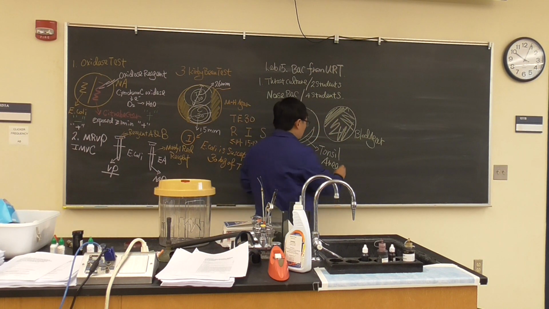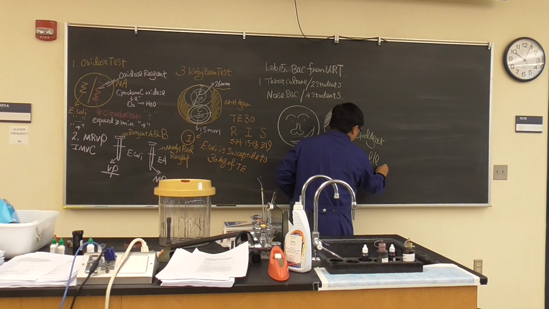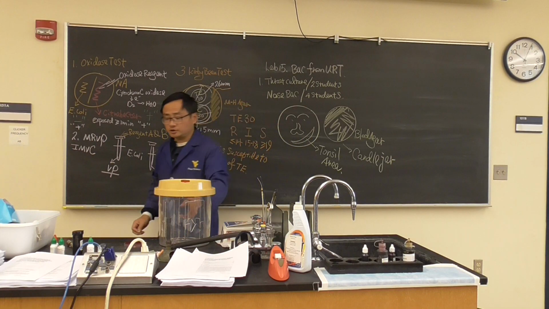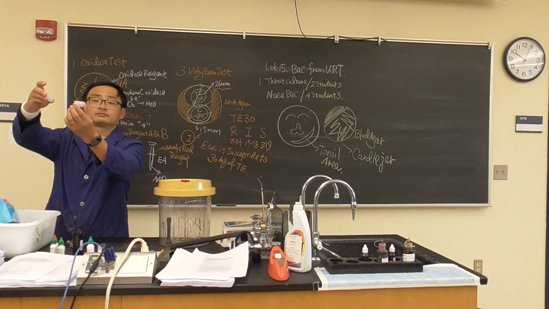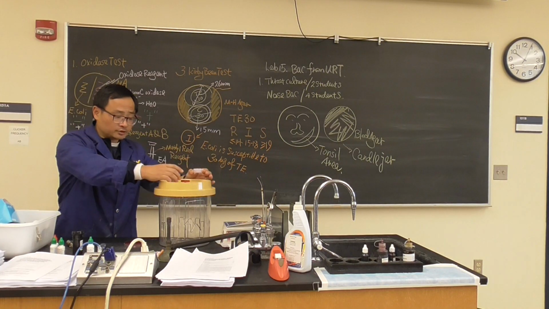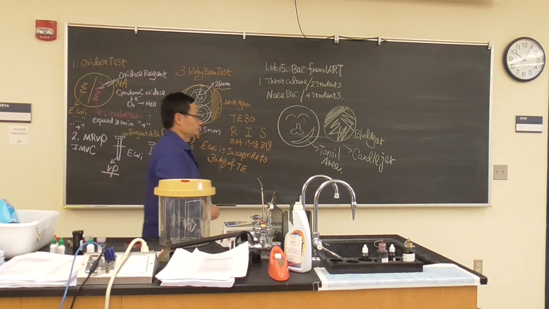And this jar, we're gonna put in a candle. We call it a candle jar. This is a jar, but I'm gonna put 2 candles there. I will light the candle and put it there. What is the function of the candle jar?